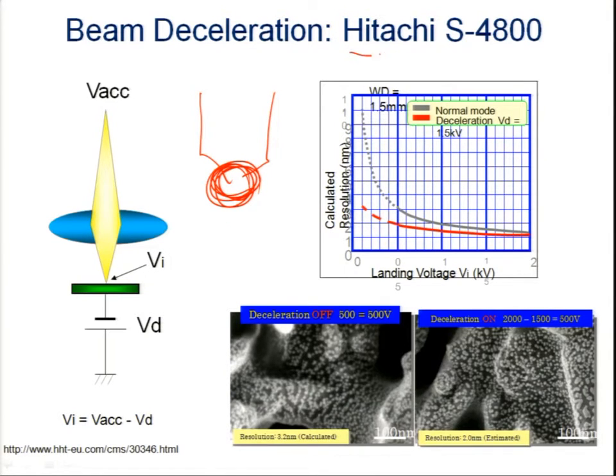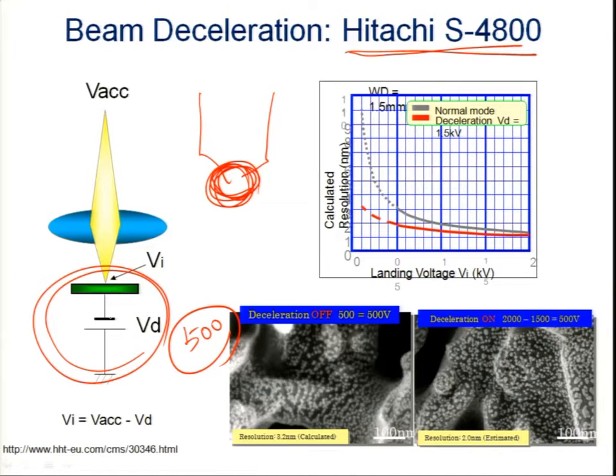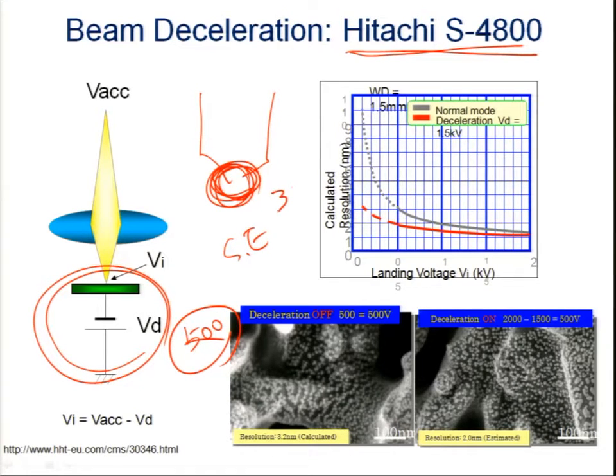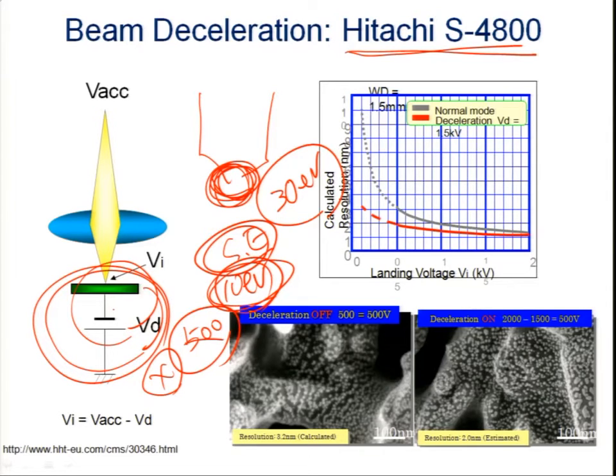Another similar function is that some SEMs can apply a bias to the stage. Depending on the bias we apply, if the secondary electrons have around 30 electron volts and we bias by about 10 electron volts, the secondary electrons with energy lower than 10 electron volts will never be able to escape from the sample, because they are all trapped by the bias we applied to the substrate.